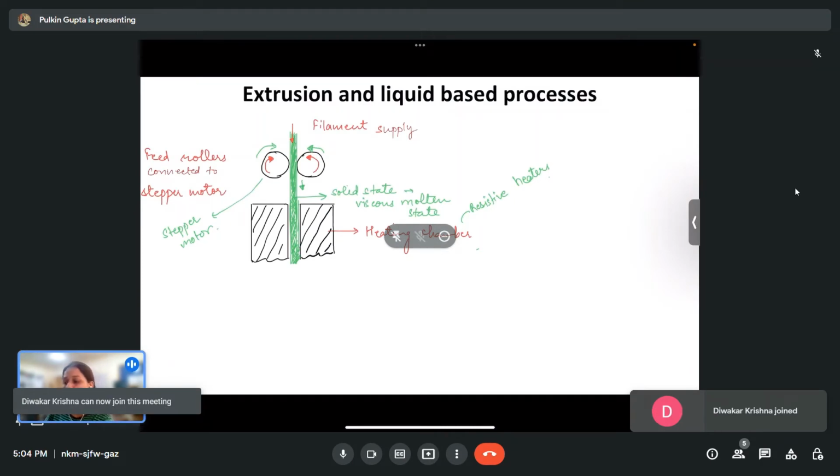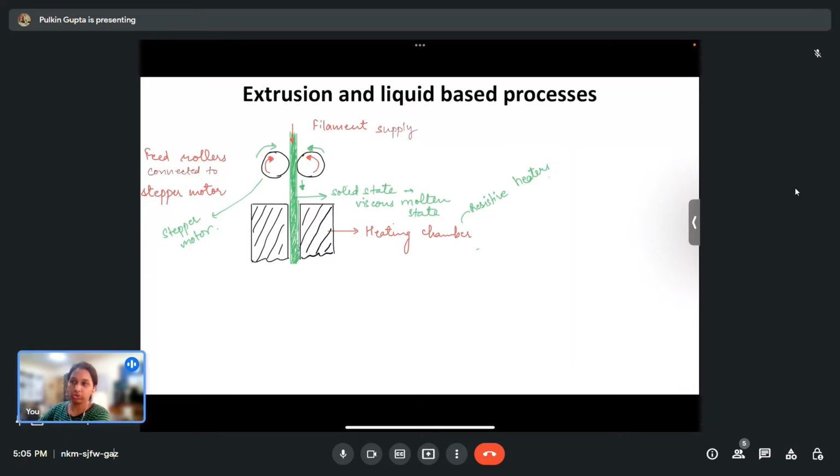In these extrusion techniques, we need to maintain constant pressure, so that you have a uniform feed rate or uniform material deposition on your substrate, or the mass flow rate is constant. And why is this needed?